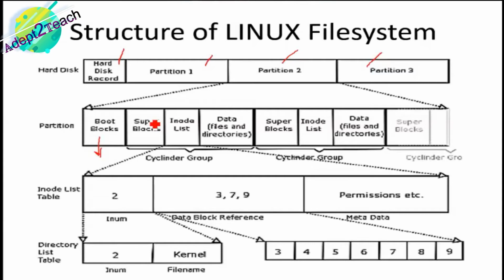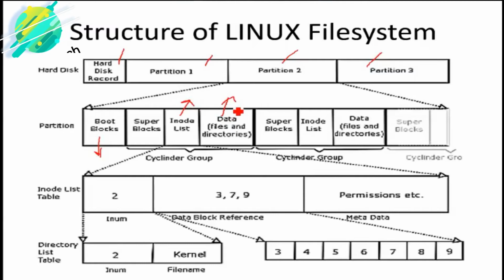This super block comprises the entire details, followed by the inode list. Inode list means how many files are created, their listing, their entire table, their permissions that are stored in the inode list. Next is the actual data that is stored in your system.